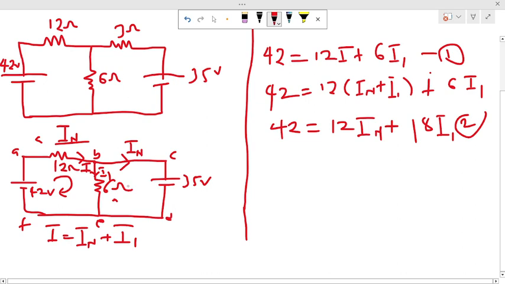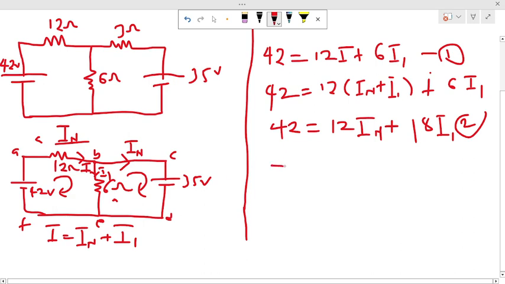Then now taking another loop B, C, D, E, B. So we are taking it in this direction. Now for this part we should be very careful with sign convention. So we are saying B, C, D, E, so it moves from the positive terminal to the negative.